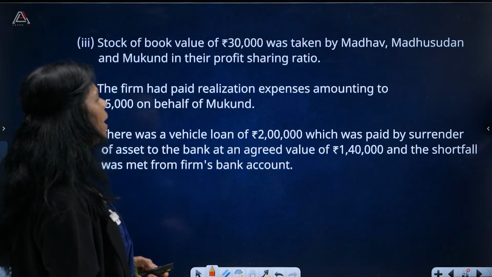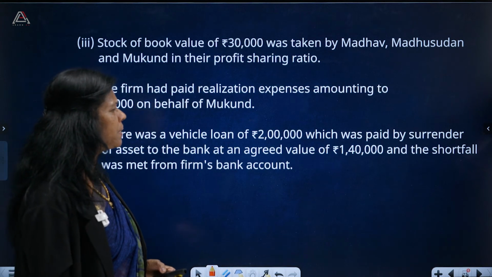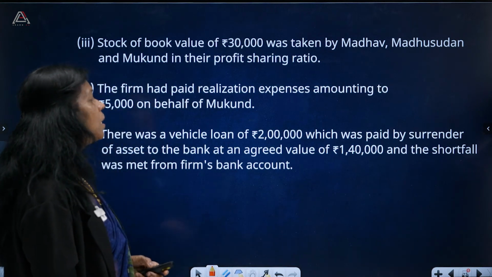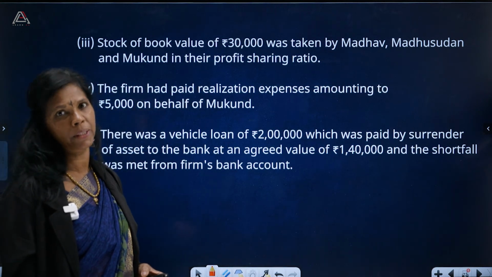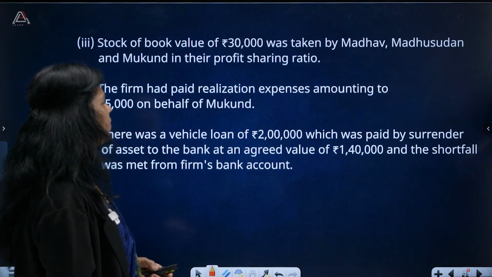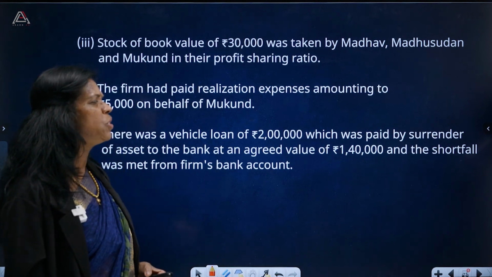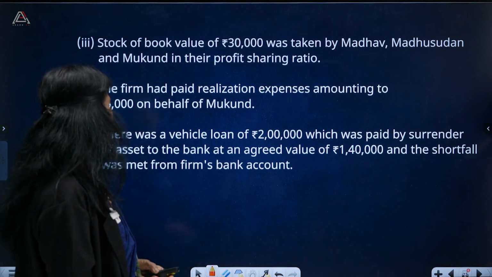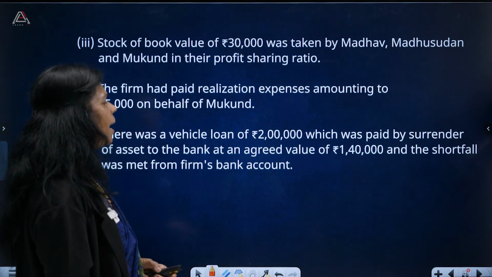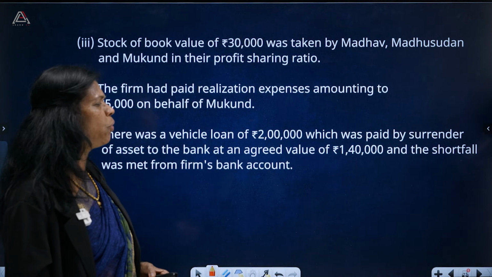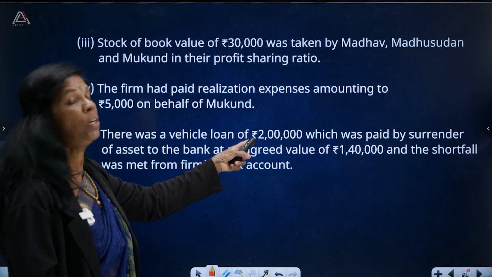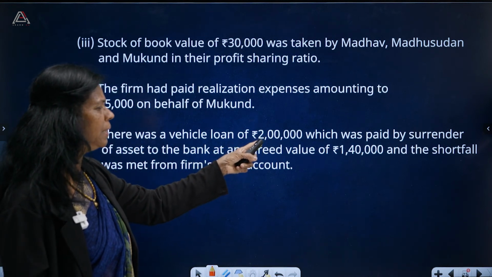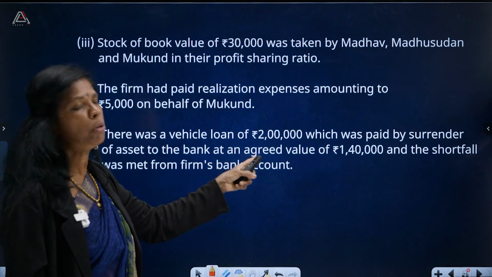Then the firm had paid realization expenses amounting to rupees 5,000 on behalf of Mukund. Then there was a vehicle loan of rupees 2 lakh which was paid by surrender of asset to the bank at an agreed value of rupees 1,40,000. See, actual the loan of rupees 2 lakh. Then surrender, how much is the amount paid?